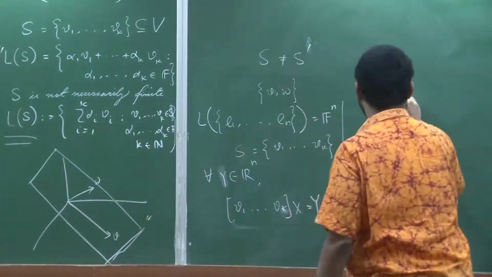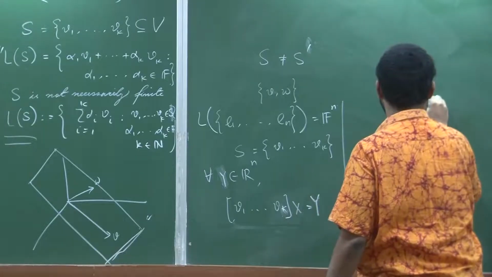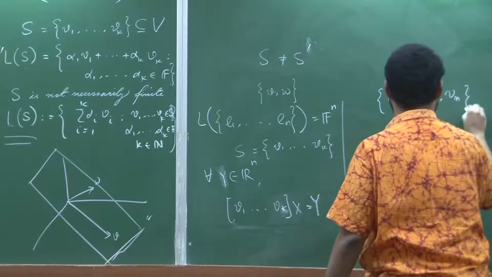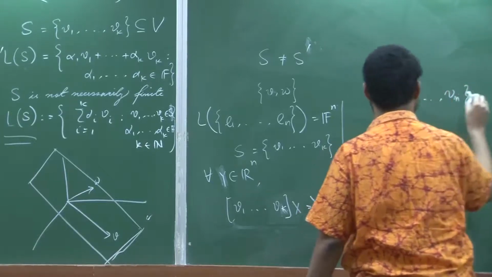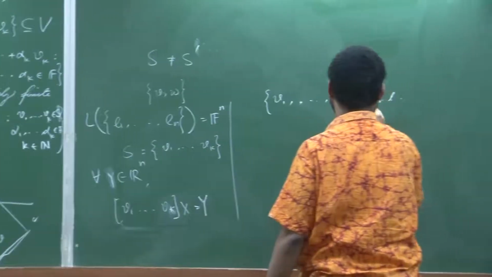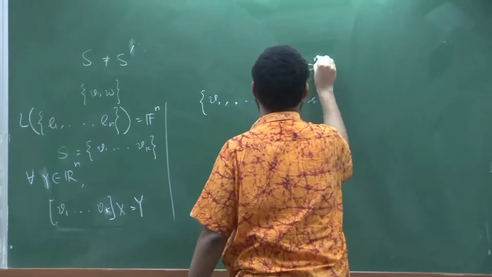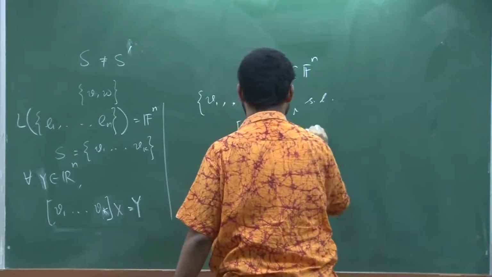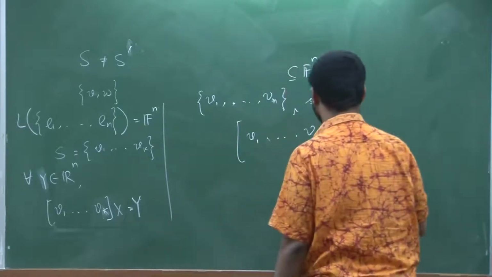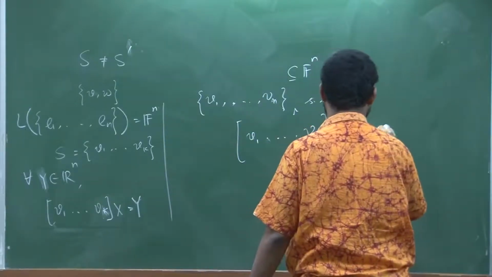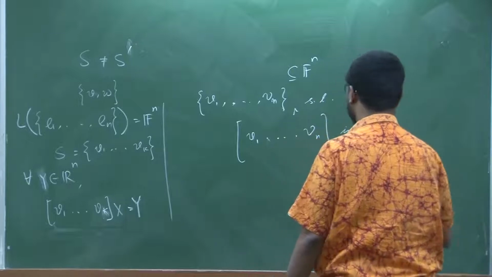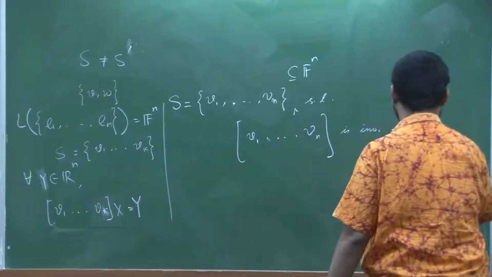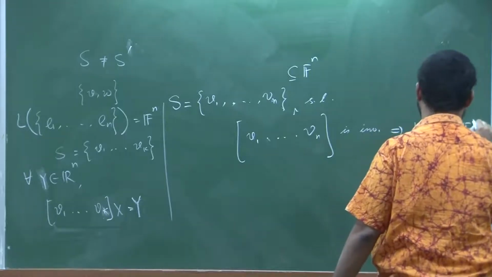So, that shows that for any set of vectors in Fn such that the matrix formed by these vectors is invertible, the span will also be Fn.